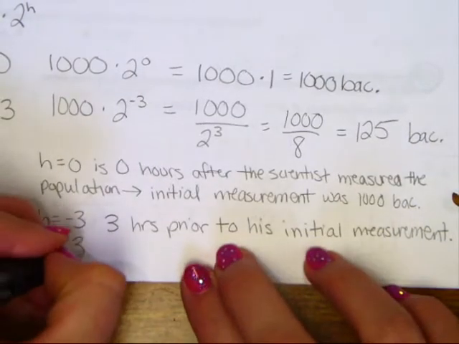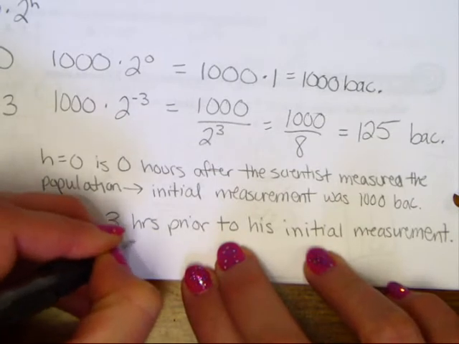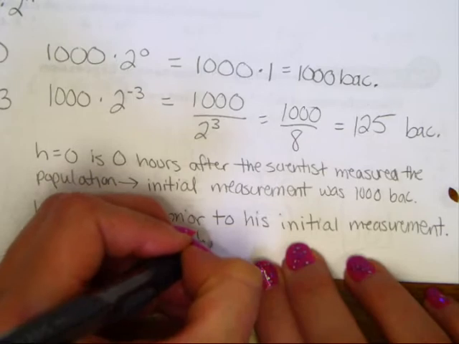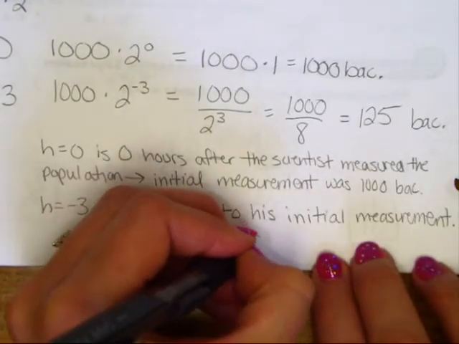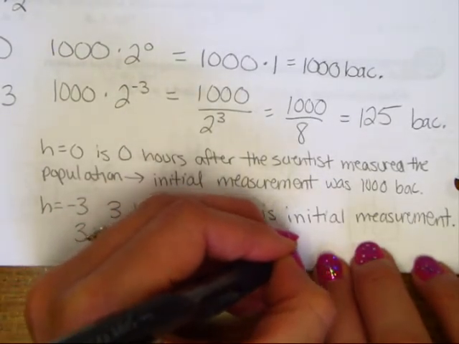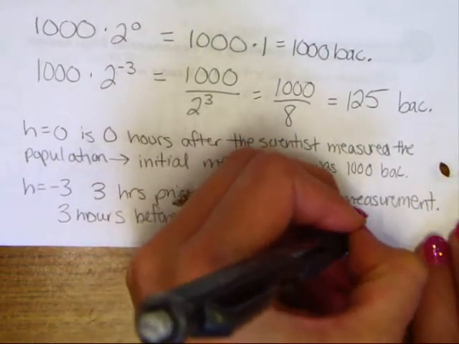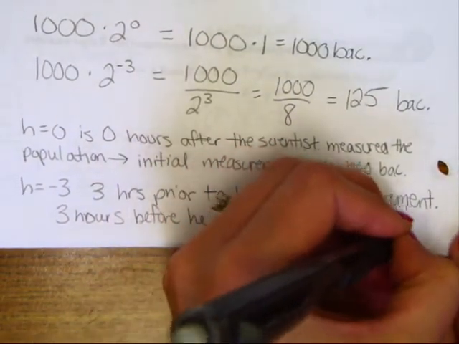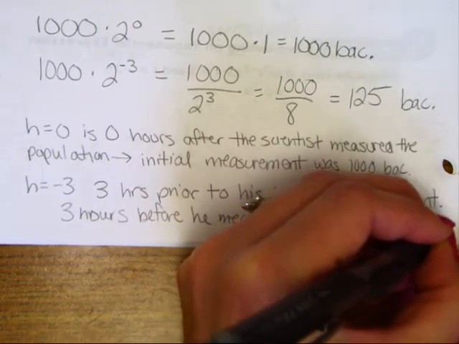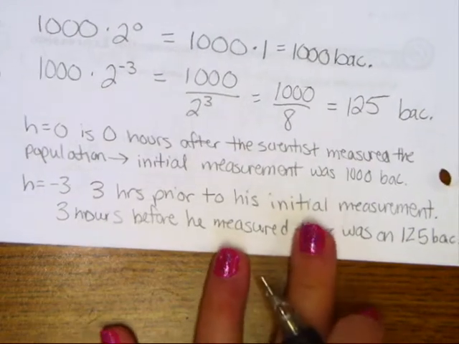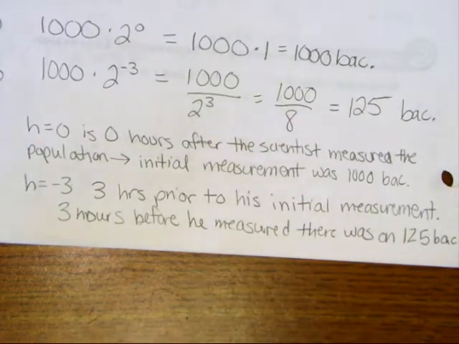So 3 hours before he measured, or she, whatever, there was only 125 bacteria. And that makes sense. The bacteria is doubling, right? If you go back in time, there better not be as many.